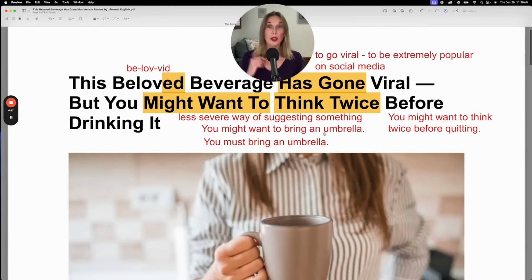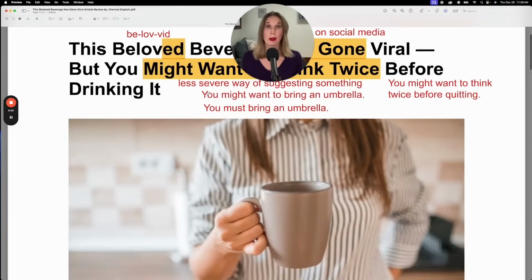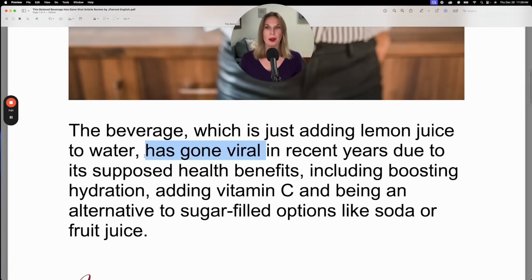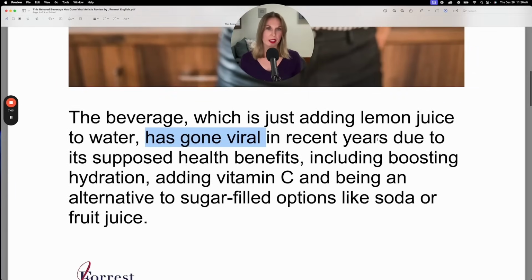Now let's continue and find out what this beloved beverage is. The beverage, which is just adding lemon juice to water. Okay, so that's the beverage. It's lemon water. Has gone viral. We already know what this means in recent years due to its supposed health benefits, including boosting hydration. Now here, boosting is used to say increasing hydration. Hydration is the amount of water you have.